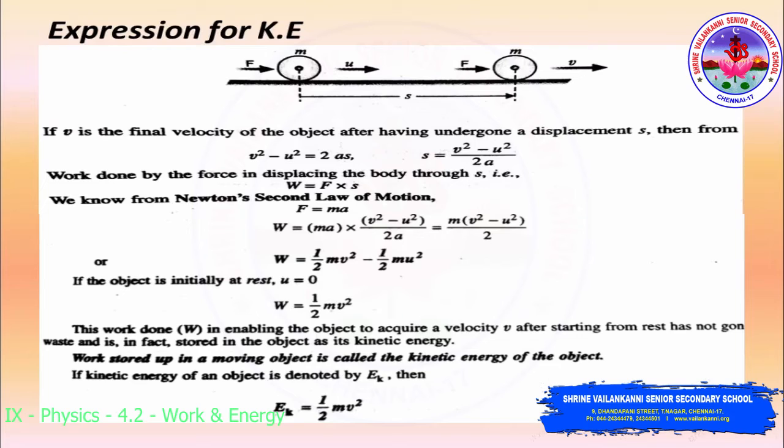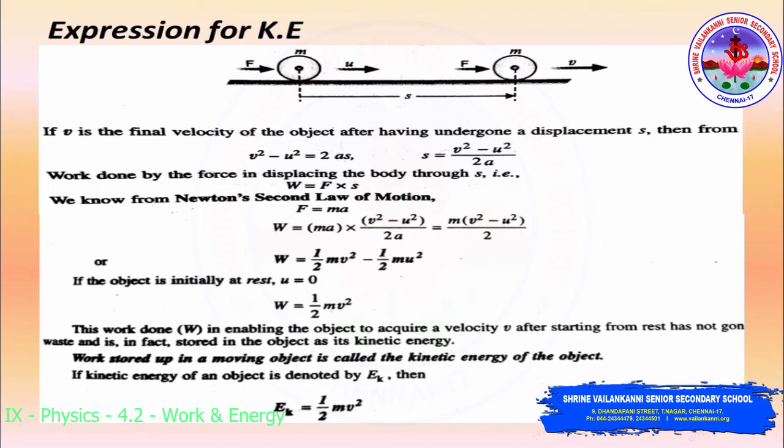Let u be the initial velocity and v the final velocity of the object after undergoing a distance s. Applying the formula v square minus u square equals 2as, the displacement s equals v square minus u square by 2a. We take this as the first equation.